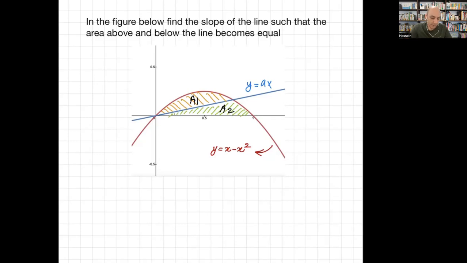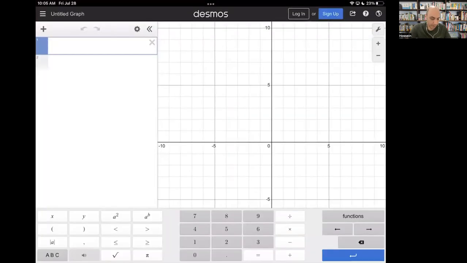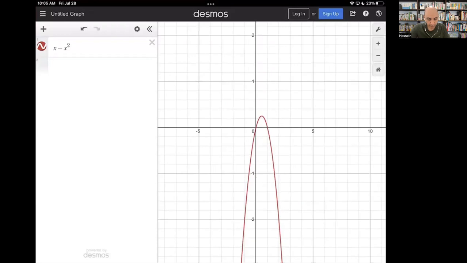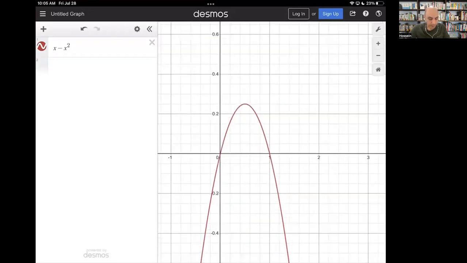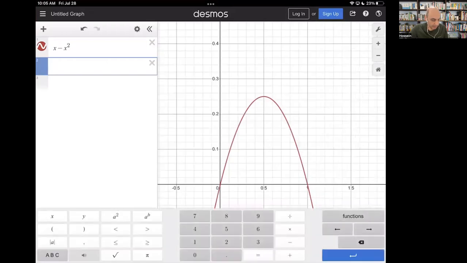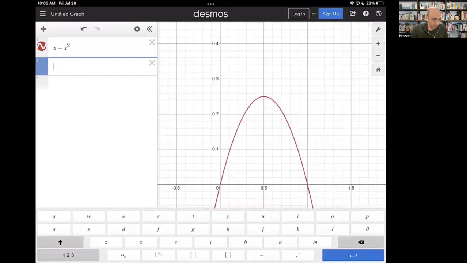Okay, let me show you very quick on Desmos. What does it mean? So we have a parabola x minus x squared. Let me zoom in. And then we have a straight line.